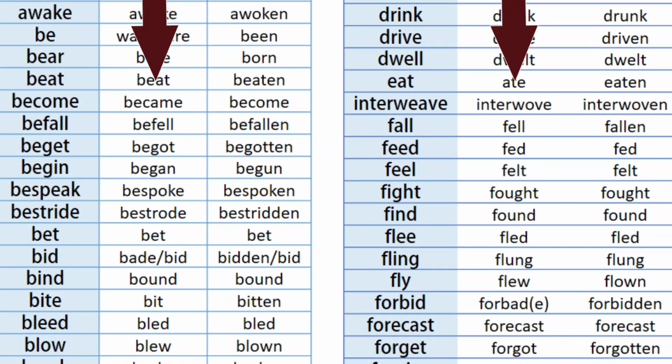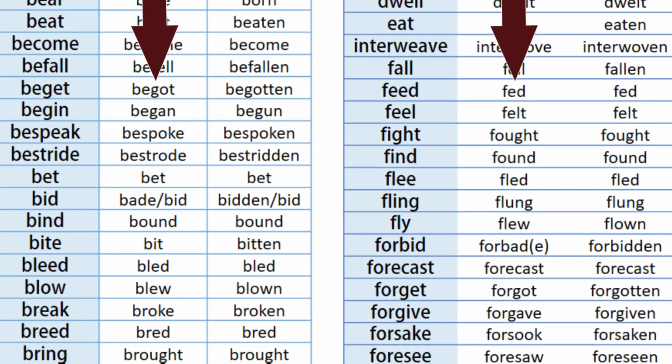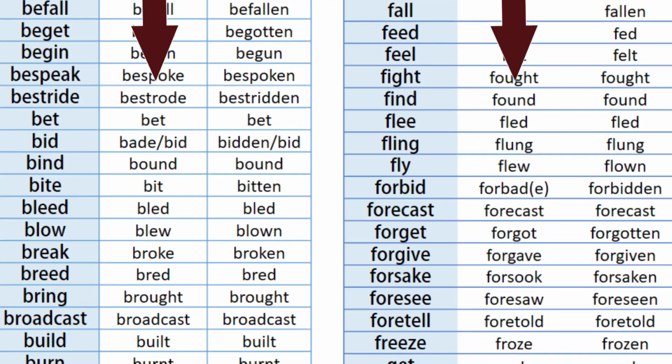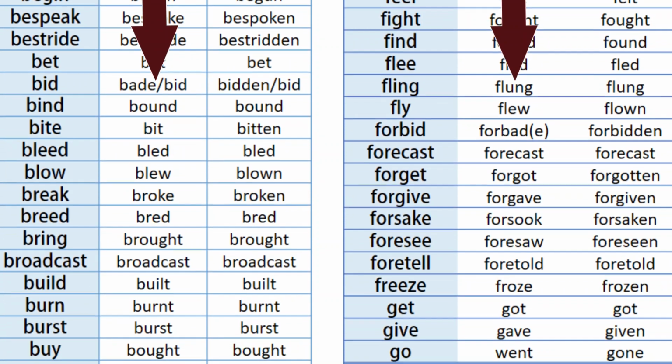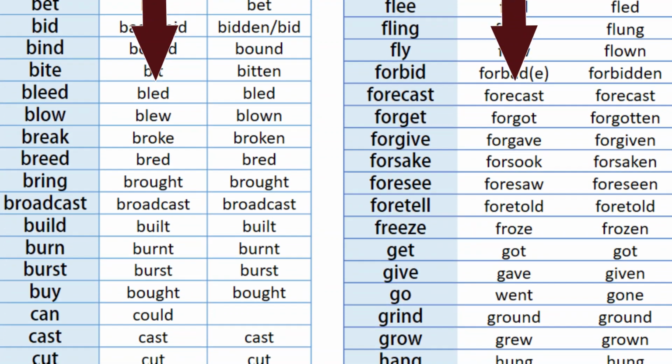However, English has lots of irregular verbs, like, for example, go becomes went, be becomes was, see becomes saw. This is the second column of the irregular verb lists that you can find anywhere online on the internet.